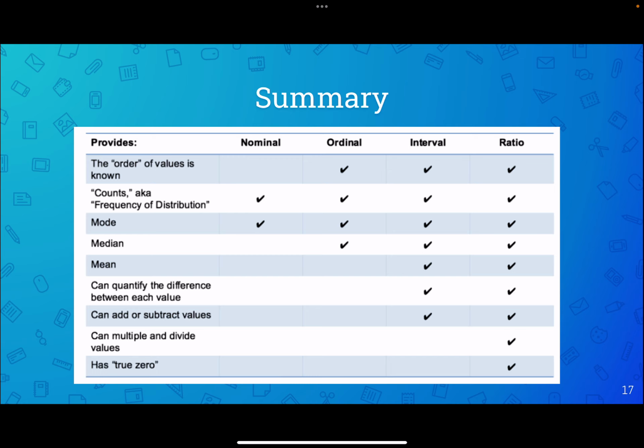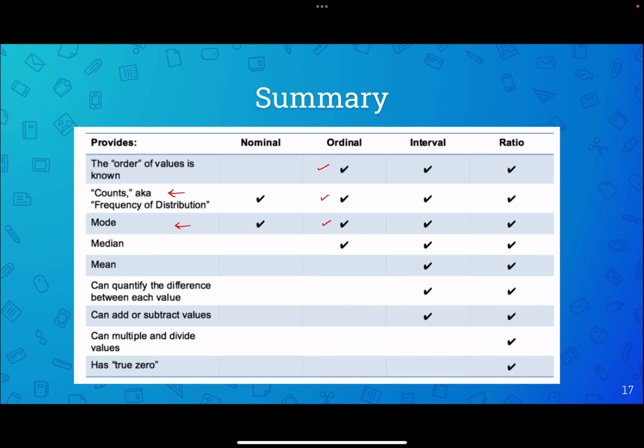Here is a summary of what we can do with different types of variables. For example, for a nominal variable, we can count how many people are named John, for example. We can find the mode, right? How many Johns do we have in a room? The ordinal, it's order, of course. We can count how many they are.